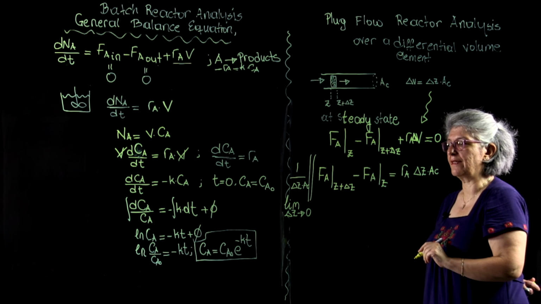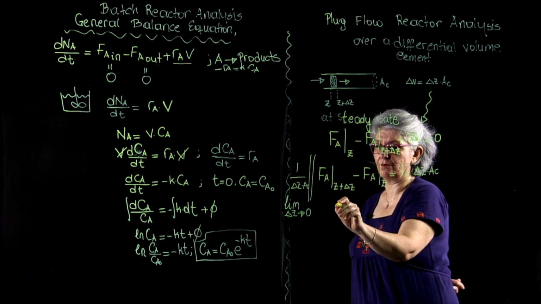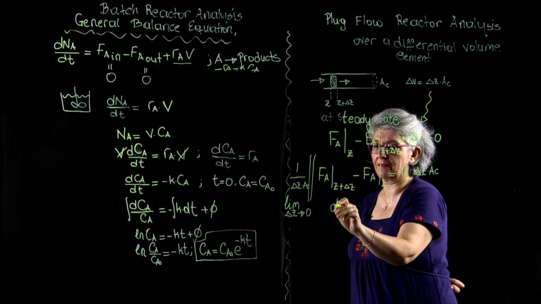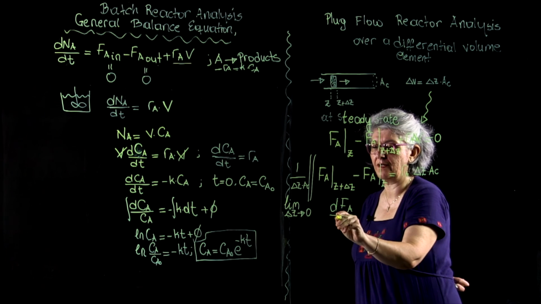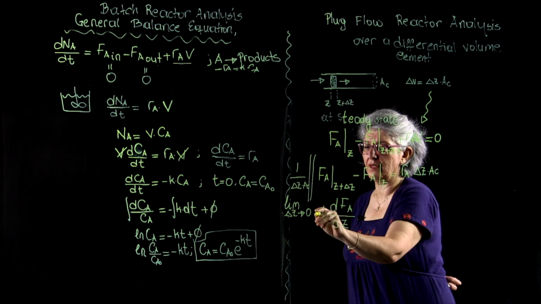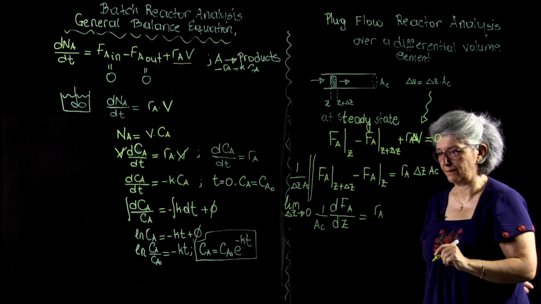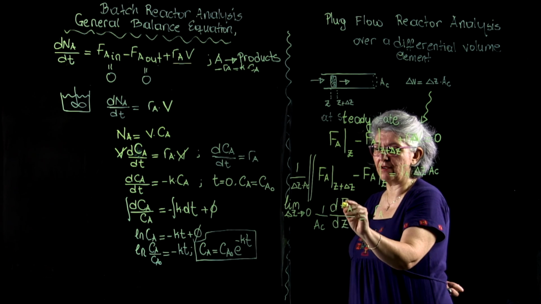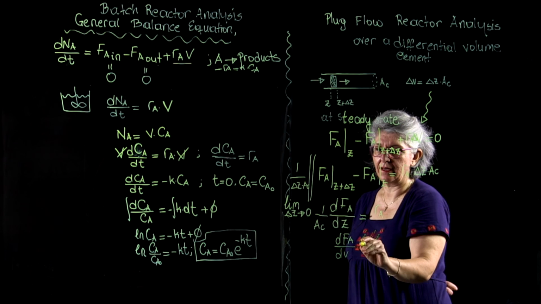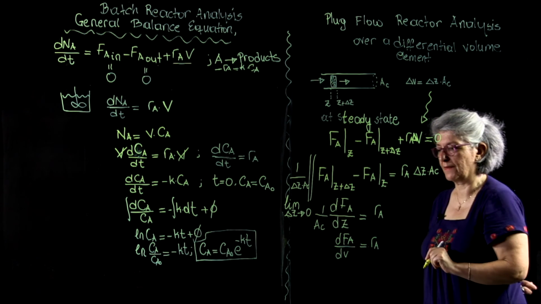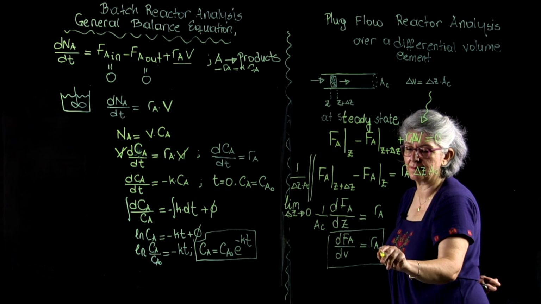As a result of these mathematical intermediate steps that you should be able to do with relative ease, what I get is dFA over dZ times 1 over A sub C equal to R sub A. Or I can combine those two terms and write this as dFA over dV equal to R sub A. This is the design equation for a plug flow reactor.